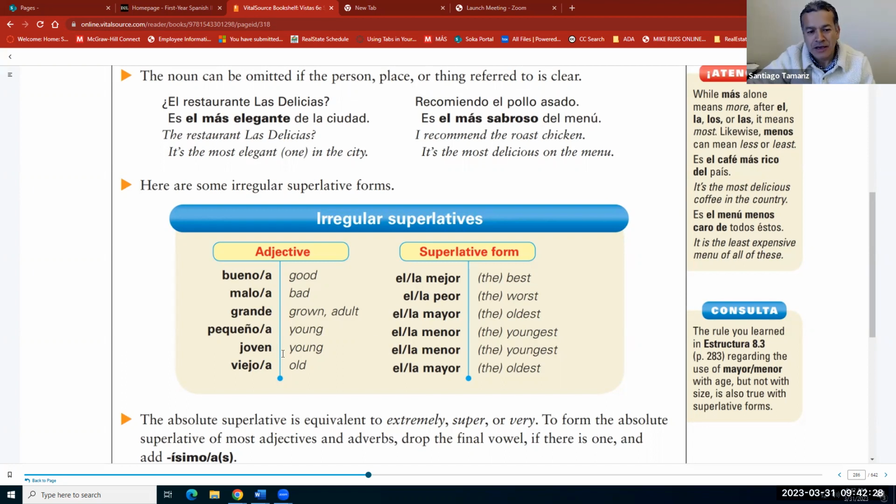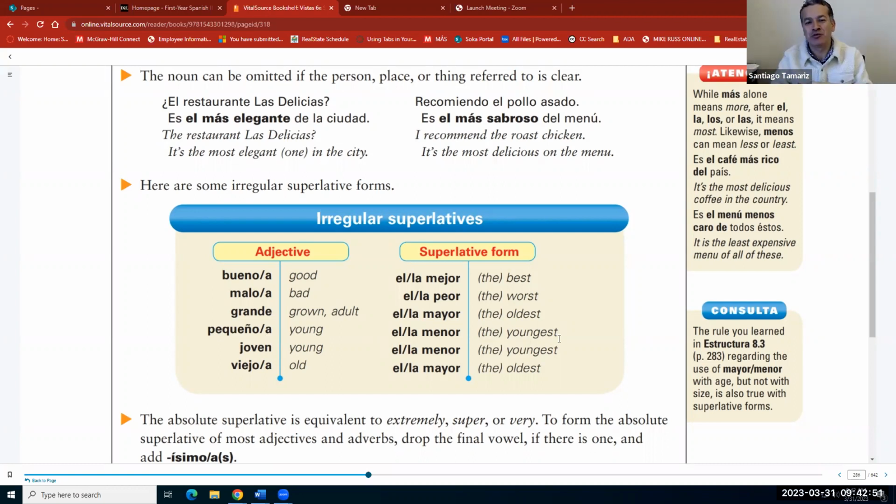Yeah. Pequeño o pequeña has two meanings. Young, in this case; the textbook is going to translate it like young, like talking about age. Now, pequeño. Now, what is the lowest degree? El o la menor, the youngest one of any set.